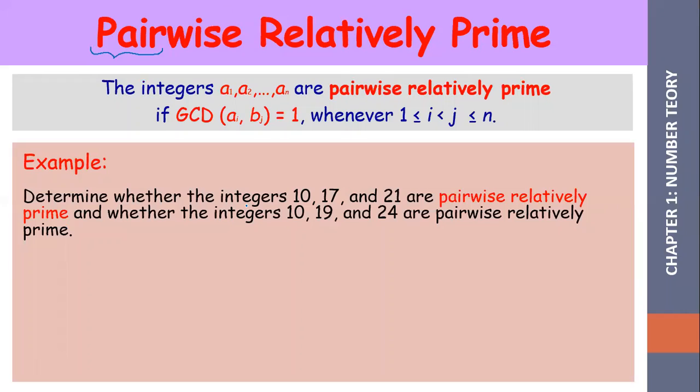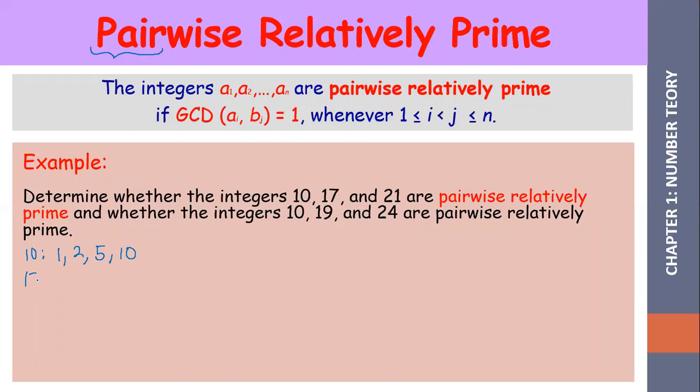So let's see the integers 10, 17, and 21 first. What are the possible divisors of 10, 17, and 21 respectively? The divisors of 10 are 1, 2, 5, and also 10.